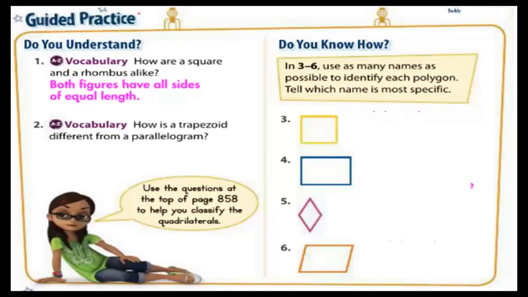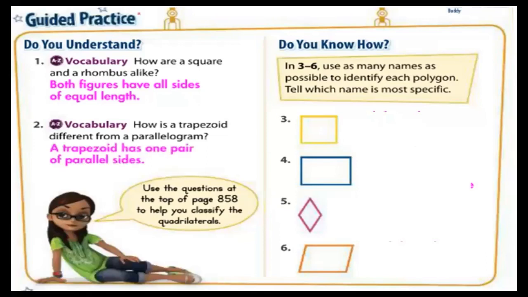Also, if we compare through the side lengths, the trapezoid has no equal sides in length. But in a parallelogram, each two opposite sides, each two corresponding sides, are equal in length. So let's see the answer here.